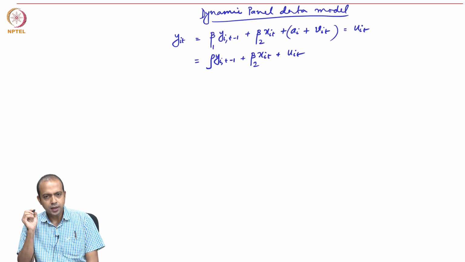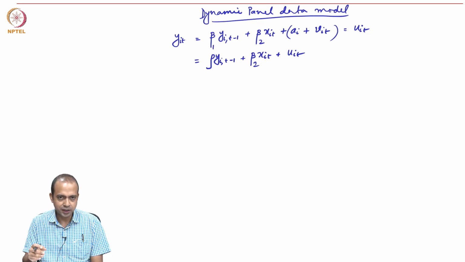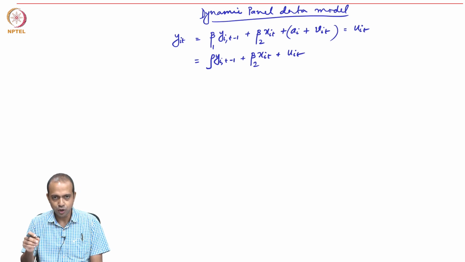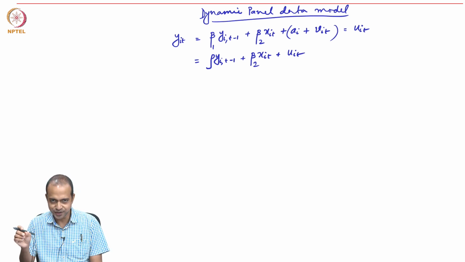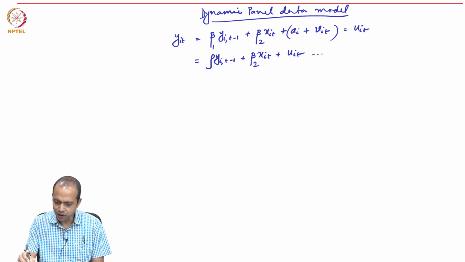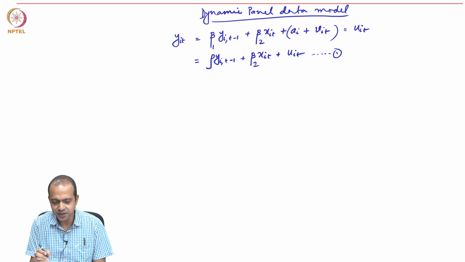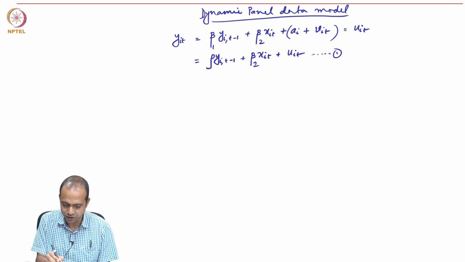And then we said that for this dynamic panel data model, there is another name, which is the partial adjustment model. To understand why this is called the partial adjustment model, we can just subtract Y_i,t-1 from both sides of the equation.